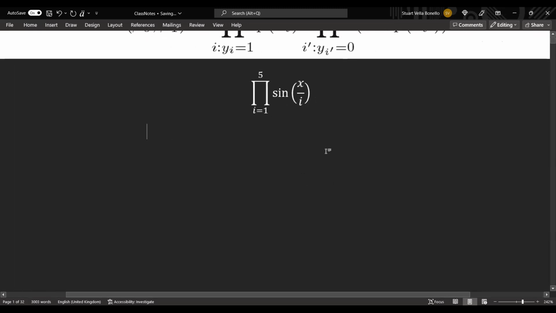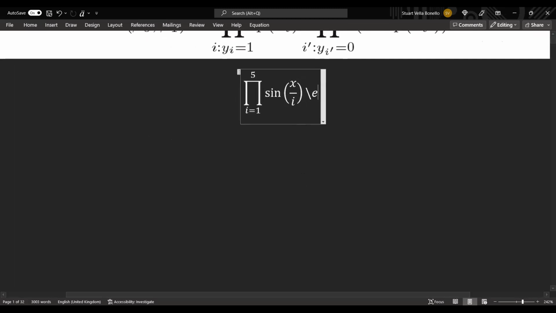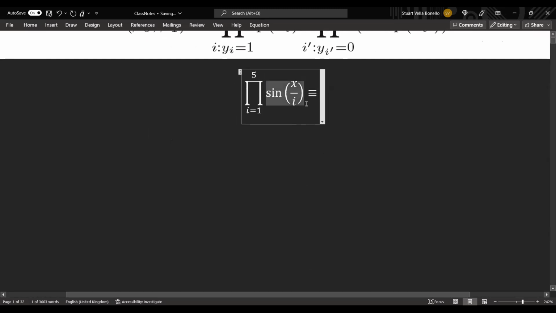Now, how familiar are you with this kind of notation? It's not too difficult. All that it's telling us is this is your generic term, and you're going to multiply it 5 minus 1, and then you always add a 1.